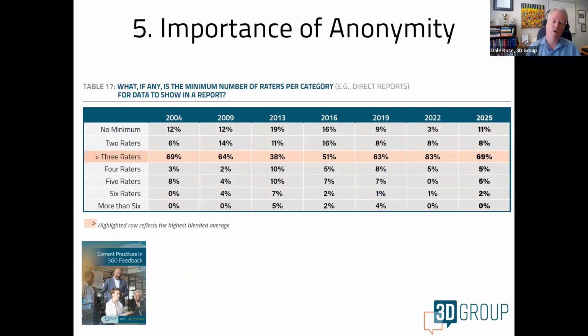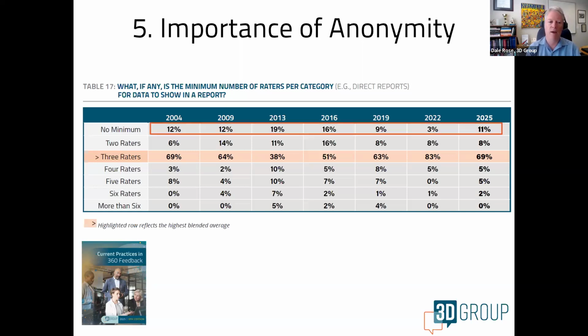With 1, it's obvious. 4 is even better, more anonymity. 5, even better. The challenge is you run into practical realities that not everybody has 4 or 5 direct reports or peers that are going to respond to that survey. And so 3 tends to be that practical but also reasonable threshold to hold on to.